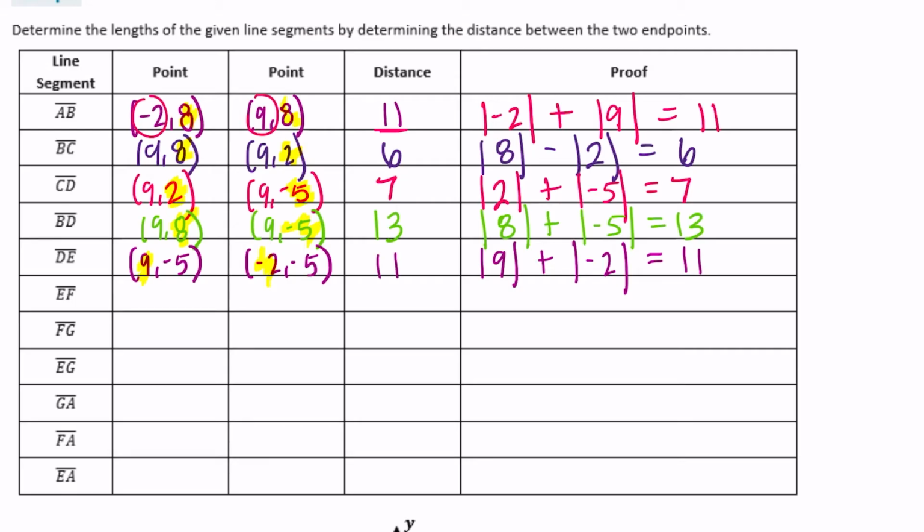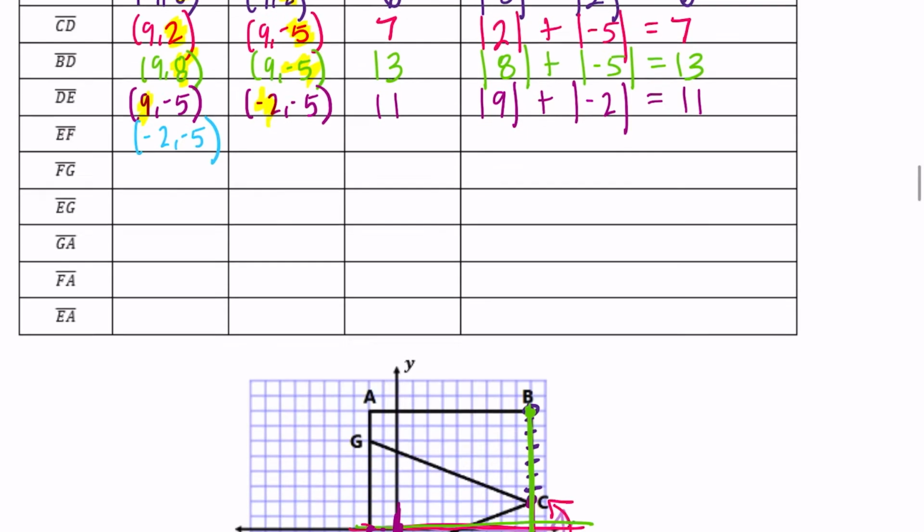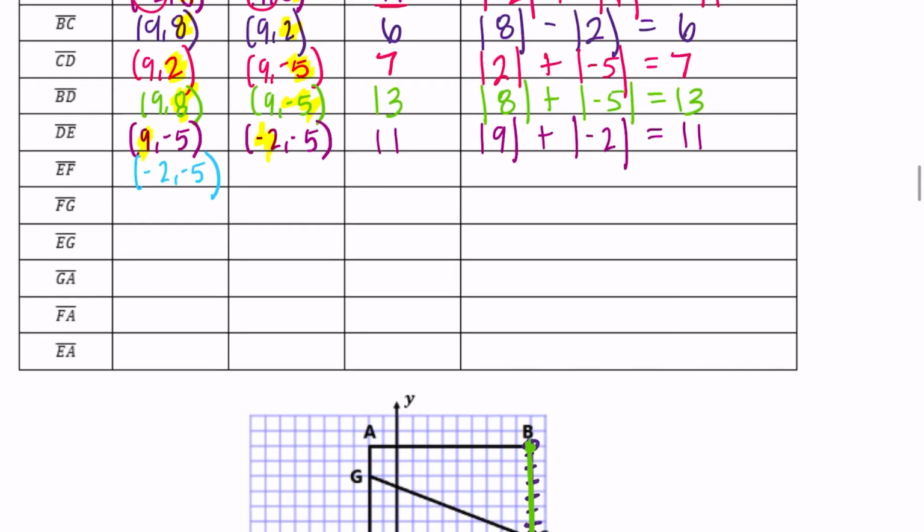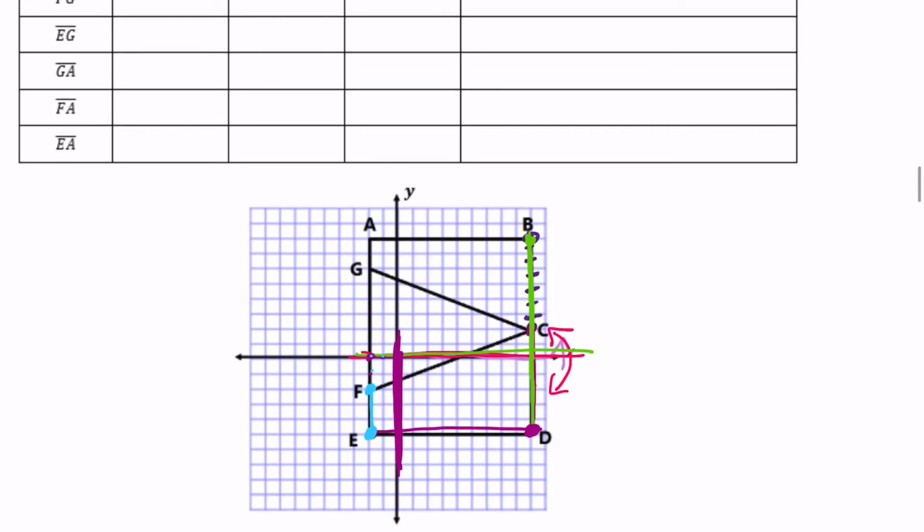All right, EF. So we have already found E. E was negative 2, negative 5. And let's find EF here. So here's EF. So F is at negative 2, negative 2. Now these coordinates are on the same side of 0. So here's 0.